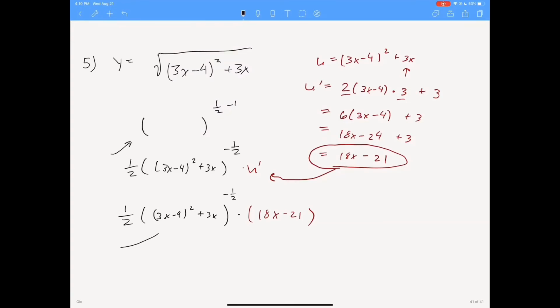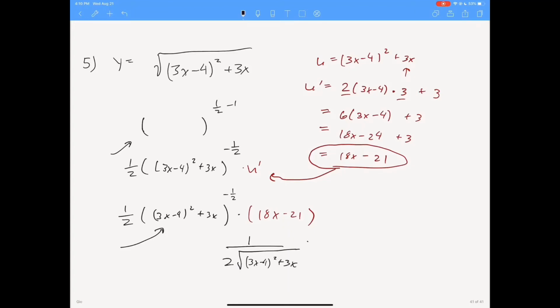I'm actually going to move this whole negative 1/2 quantity to the denominator. So 1 over 2. And then instead of a positive 1/2, I'm going to just put a radical. 3x minus 4 quantity squared plus 3x.